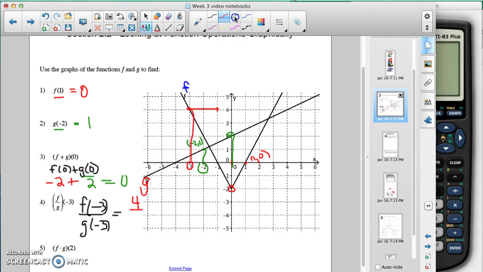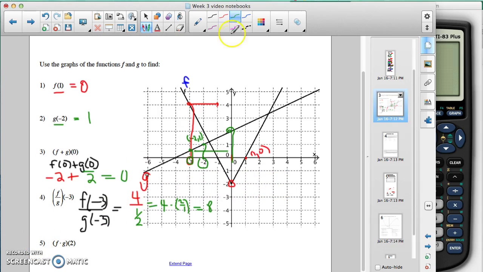And our g of -3 is going to be the same x value. We're going to start here, but we're only going to travel up to there. That looks like about 1/2. So traveling across here, that's about 1/2 for the value of g of -3. So if we divide 4 by 1/2, that's 4 times the reciprocal. The reciprocal is 2 over 1. So we're going to get 8 as our solution for f of -3 divided by g of -3.